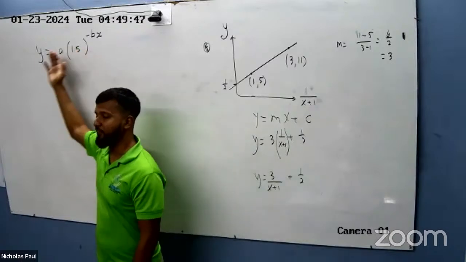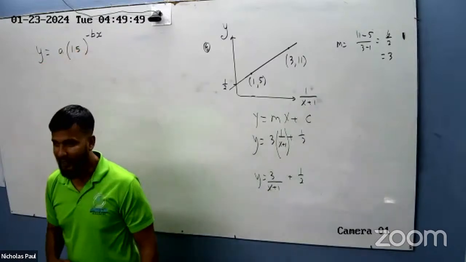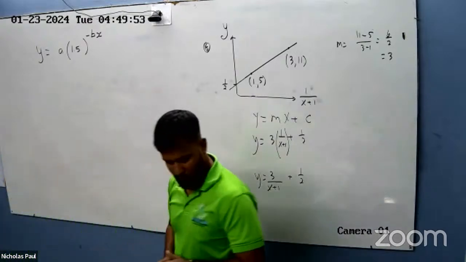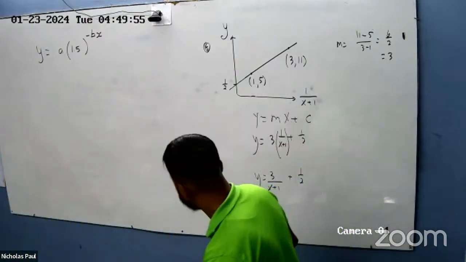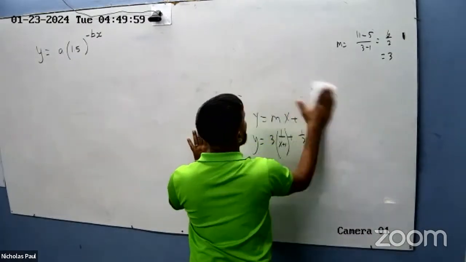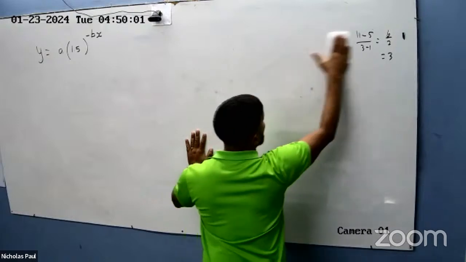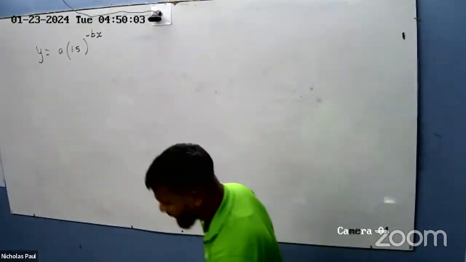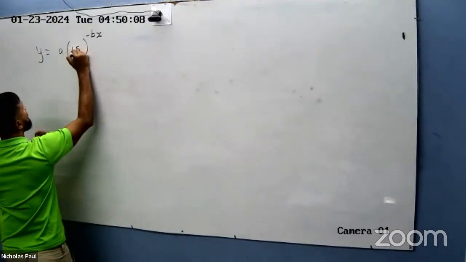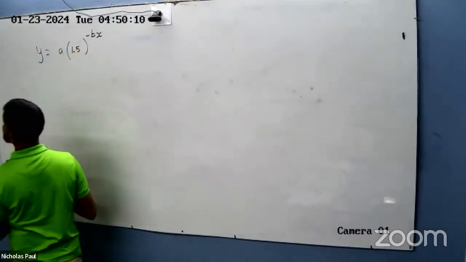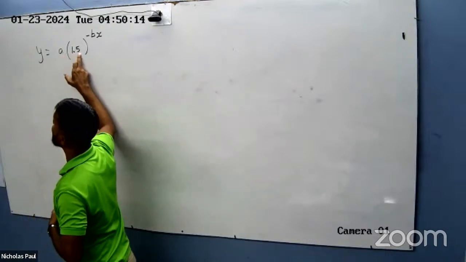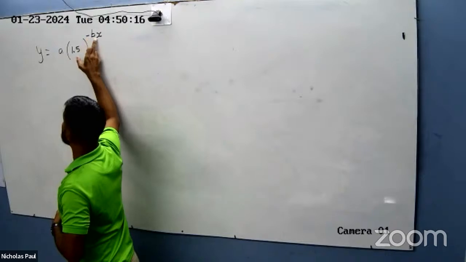This combines everything we did today. Tell me what to plot to get A and B. y equals A multiplied by 1.5 to the power of minus bx.